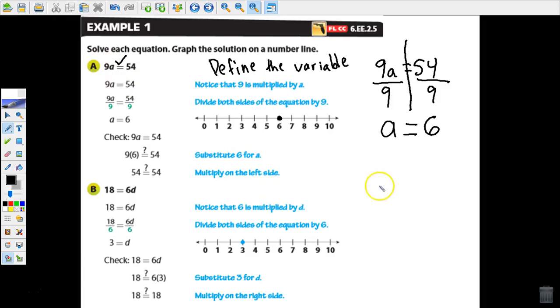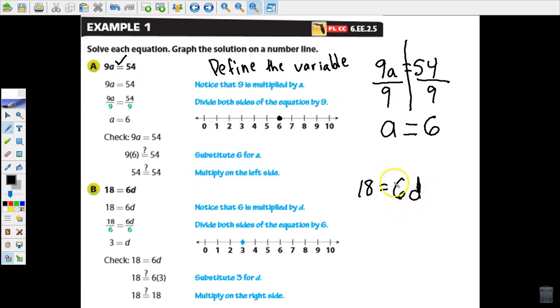All right, we've got 18 for letter B. We've got 18 equals 6d. Okay, not 60, 6d. So obviously we have to define the variable. Okay, define the variable, so we have to get the variable all alone.